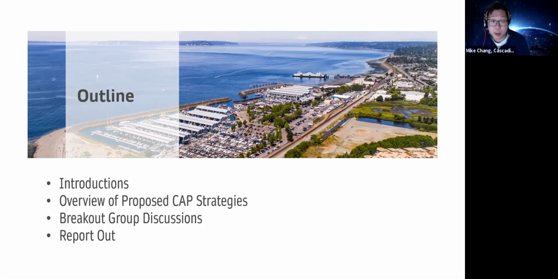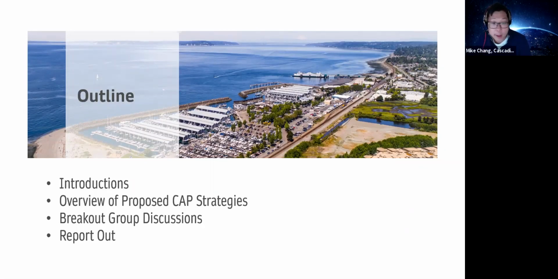This is really the opportunity for us to hear from you on your perspectives, your feedback, and your priorities for the Climate Action Plan and its strategies. Finally, we're going to end with a report out from the facilitators of each of these groups, so we can all hear what each other is saying as well.